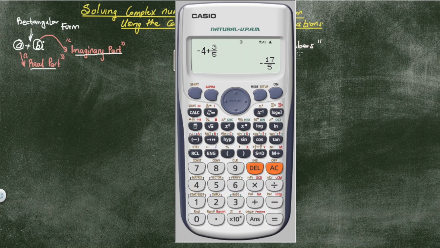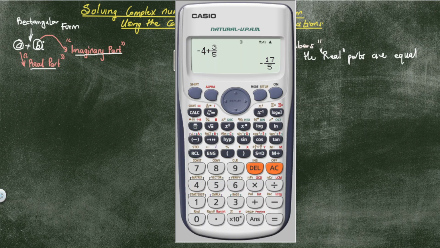Two complex numbers are equal if and only if the real parts are equal.